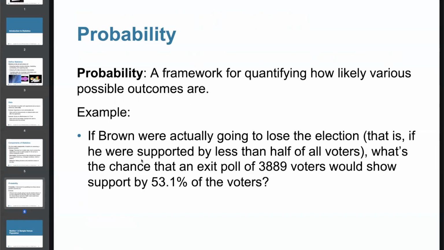For example, if Brown were actually going to lose the election, that is, if he were supported by less than half of all voters, what is the chance that an exit poll of 3,889 voters would show support by 53.1% of the voters? Of course, when we come to the probability chapter, we will know how we quantify or calculate the probabilities for such events.